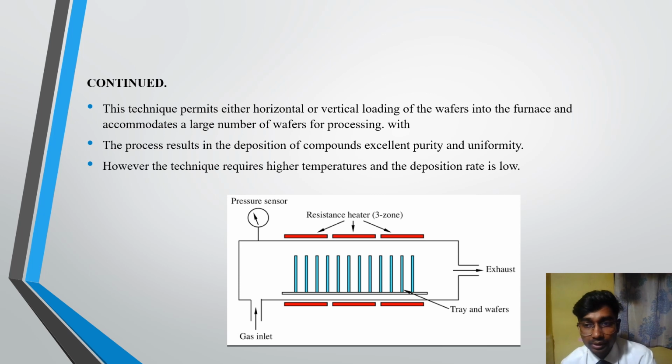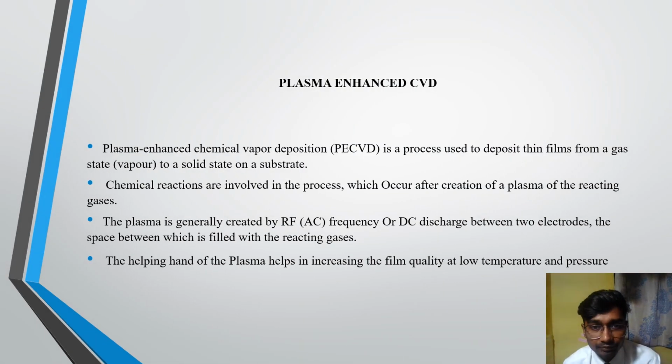In the next point we'll see the third point, the lower temperature plasma enhanced CVD. Plasma enhanced chemical vapor deposition is a process used to deposit thin films from a gaseous state to a solid state on a substrate.